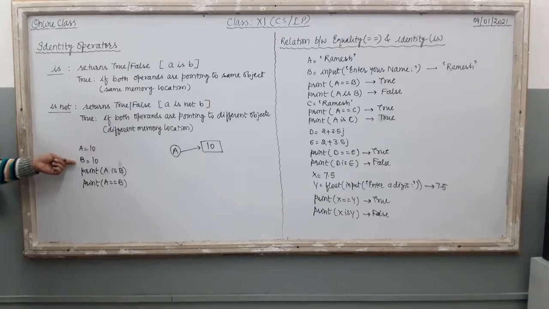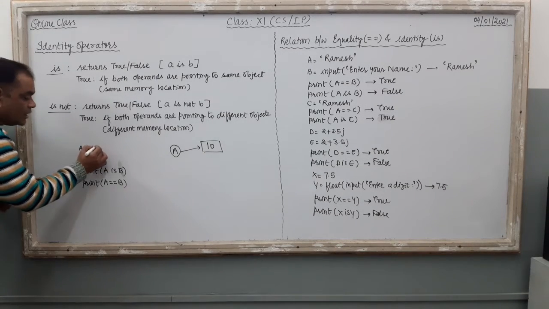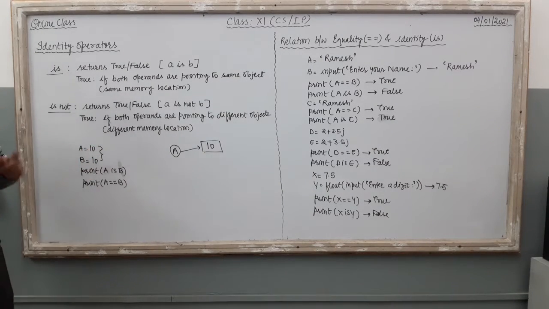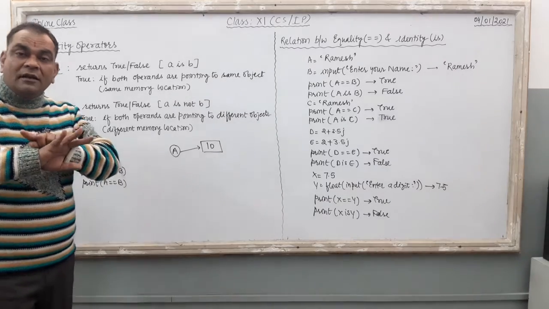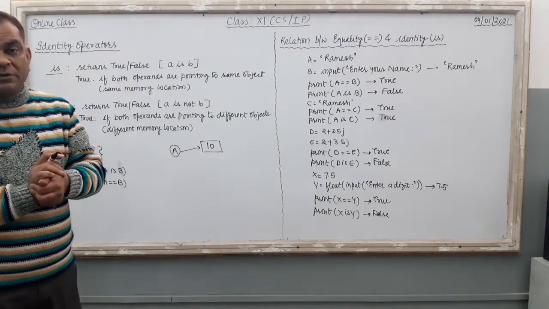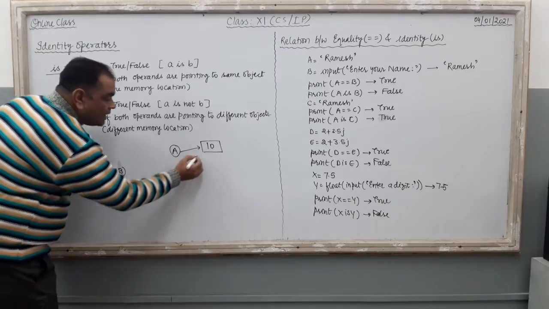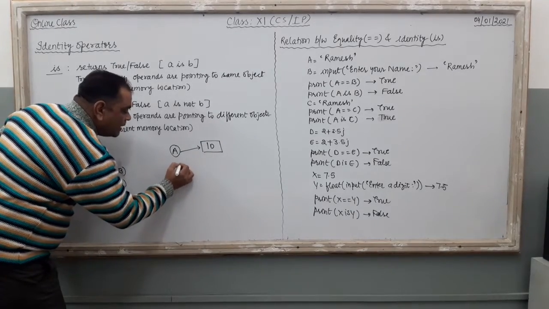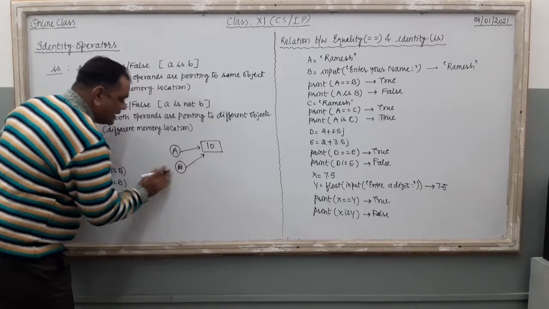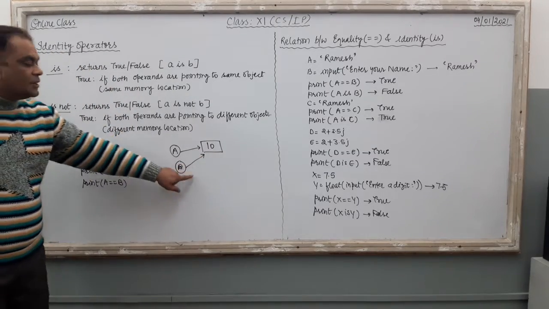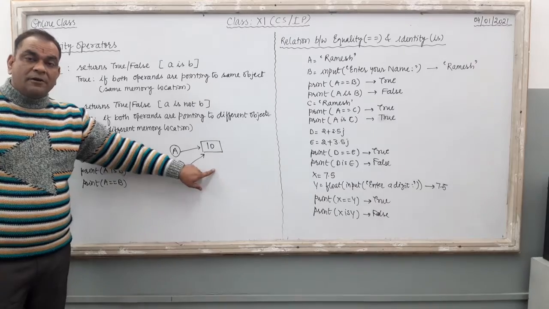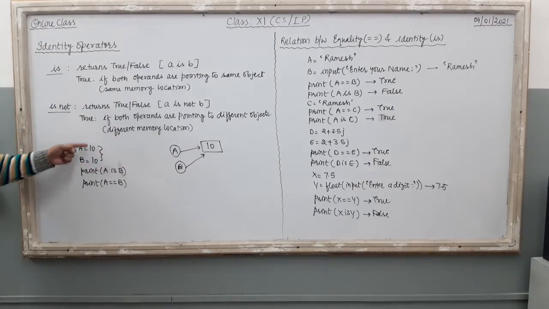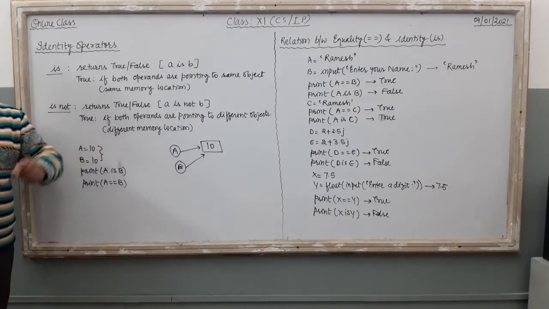Right? Now just see B equal to 10. If the values are the same here, then Python will not create another object in your computer's memory. It will indicate the value is already there in your computer's memory, and B also indicates the same value. So this representation is there inside your computer's memory if your variables store a common value.